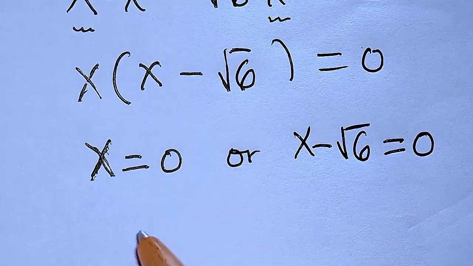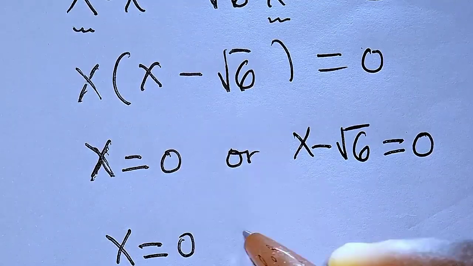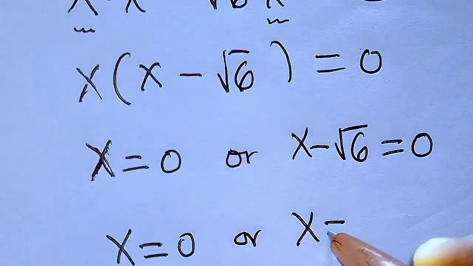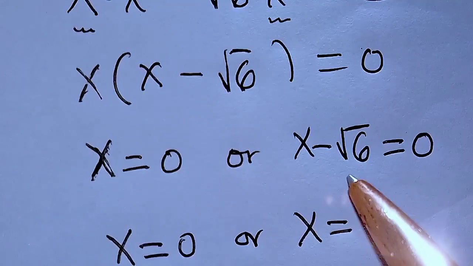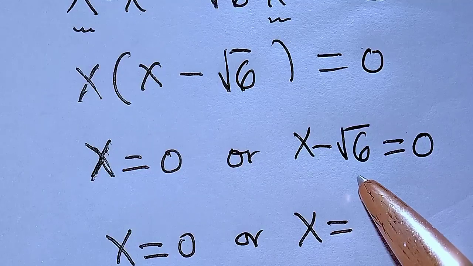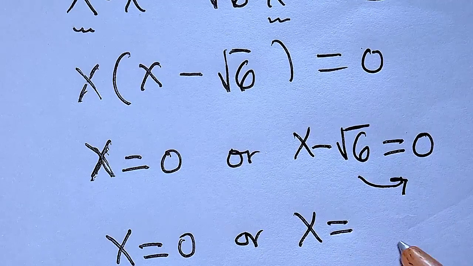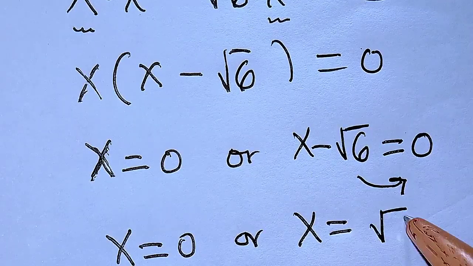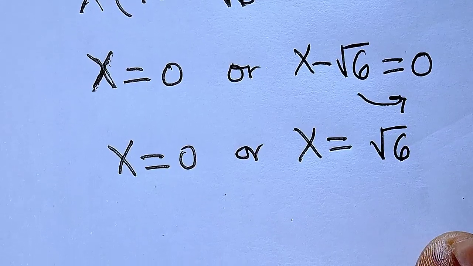So now from here, we have x equals 0 or x equals, we are now going to transpose this root 6 to the right hand side. That will change to positive, then we are going to have x equals root 6.